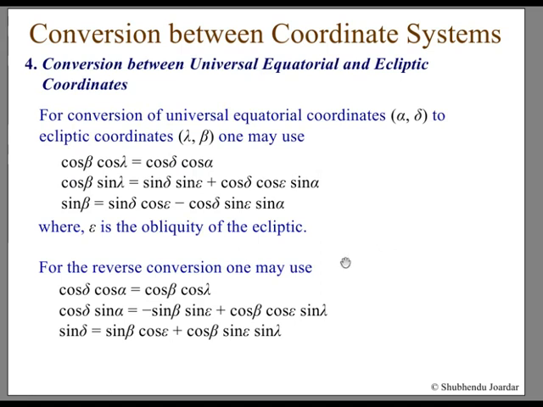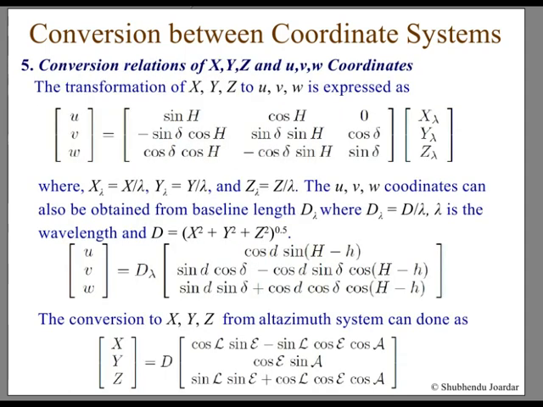And here again there is nothing much more to be explained. These are for conversion between universal equatorial and ecliptic coordinates. All these are similar kinds of things, and then again you have this in matrix form, this xyz to UVW. So if you want to derive UVW, you just multiply this coefficient matrix with these given parameters, where x lambda is the length divided by the wavelength.